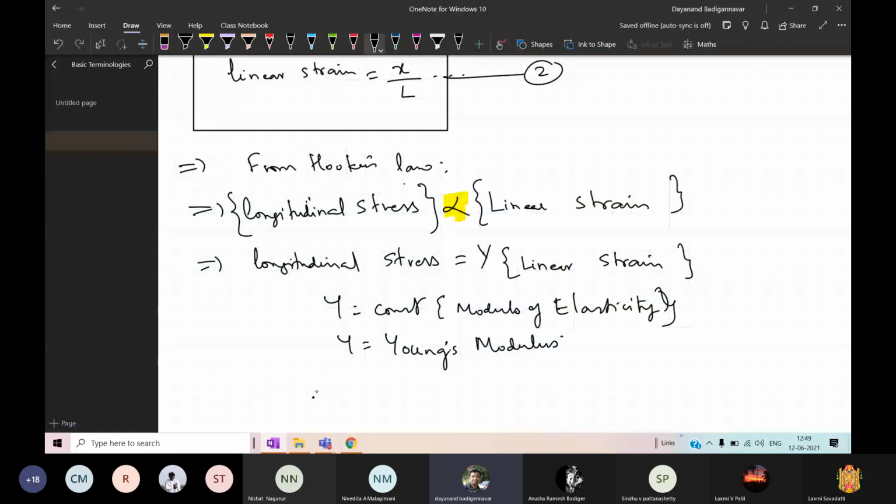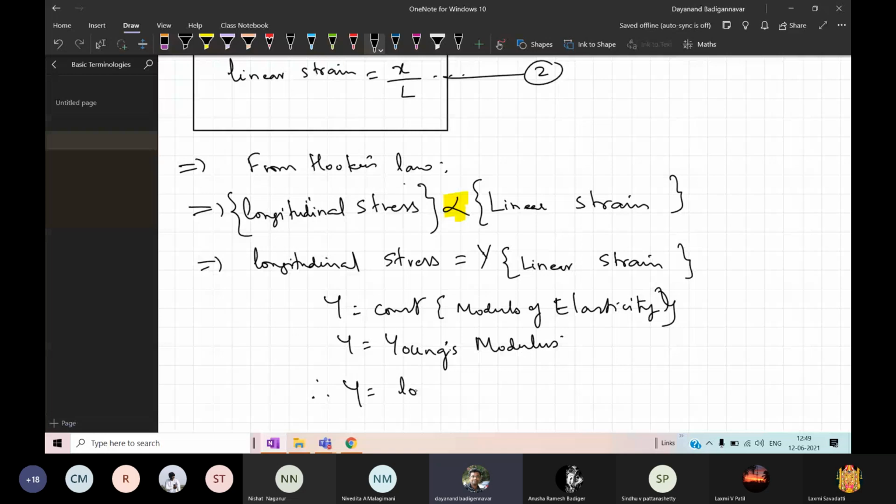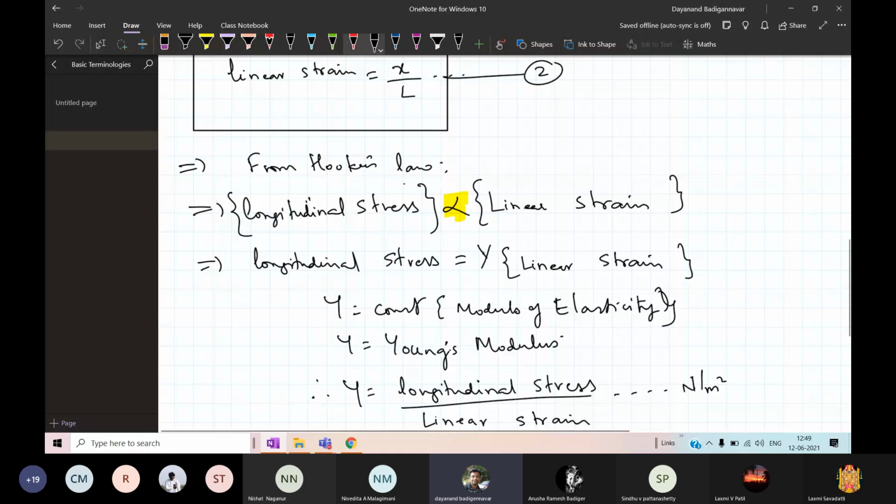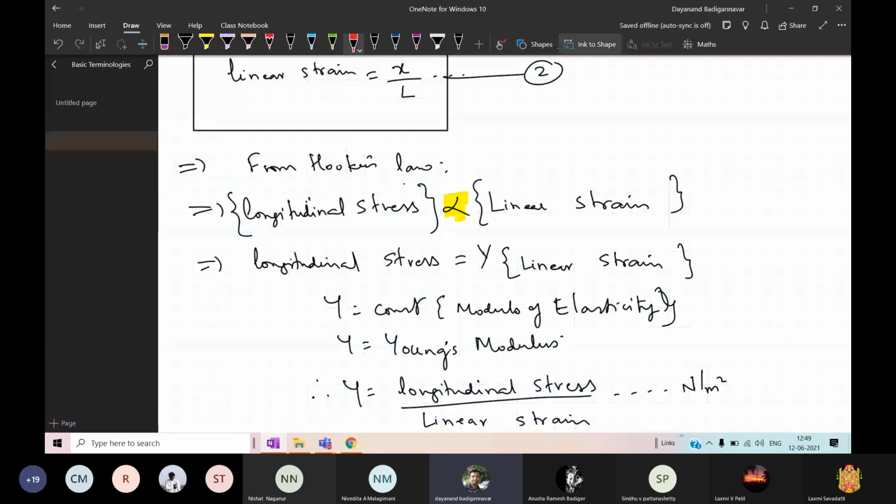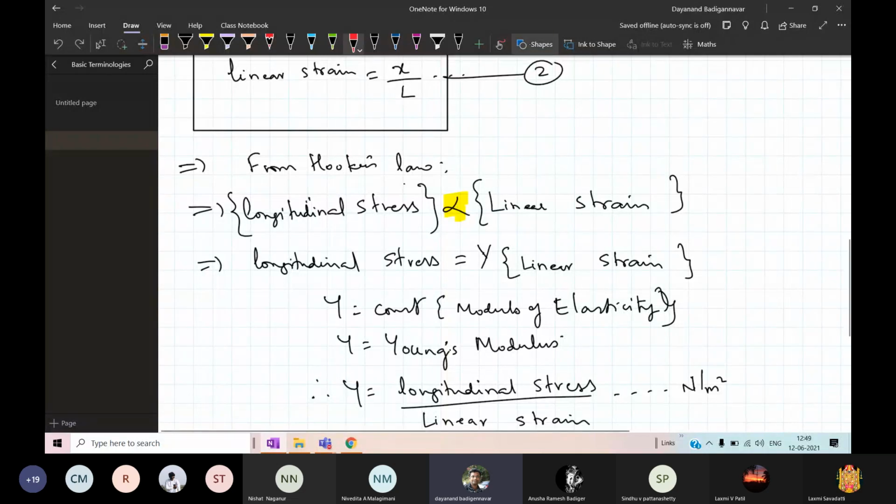So Young's modulus Y is nothing but the ratio of longitudinal stress to the linear strain, if I rearrange it for Y. This has a unit of Newton per meter square. So this is how we define the Young's modulus.